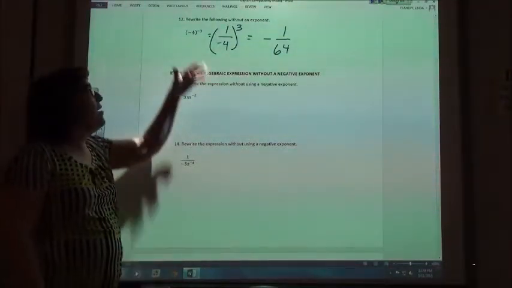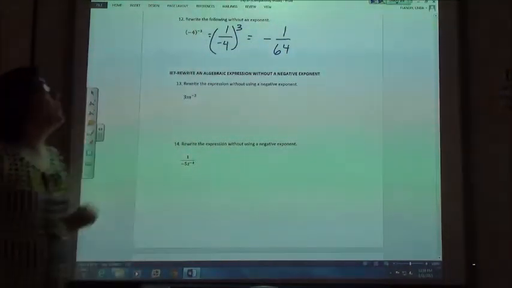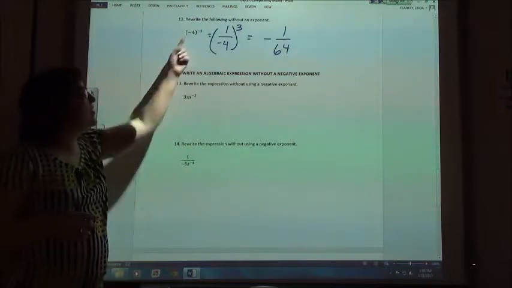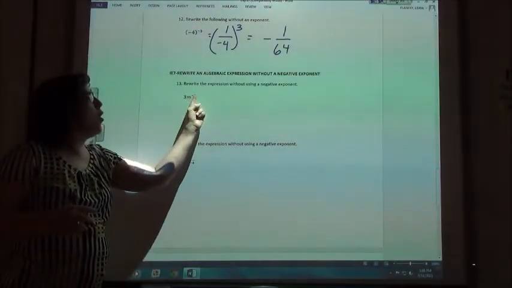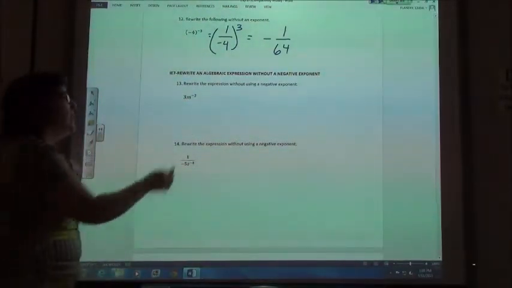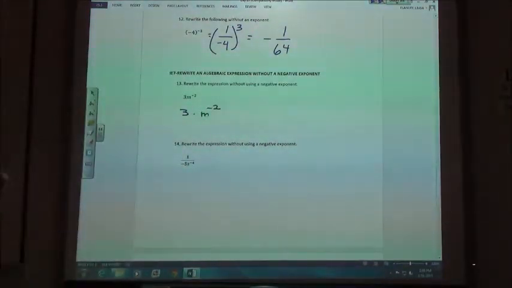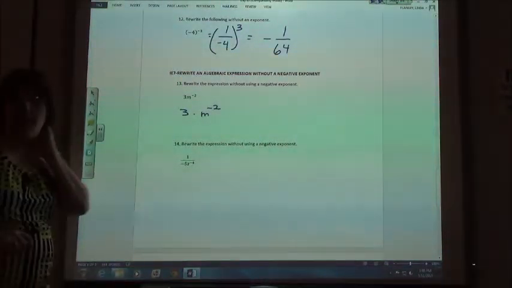So, now that they've maybe tried to get across the point that to get rid of that negative exponent you have to do the reciprocal, they want you to understand that if there's not parentheses, that negative exponent only goes with the variable. This means 3 times m to the -2 power. And to get rid of that negative exponent, how would I write m to the -2 power using a positive exponent?